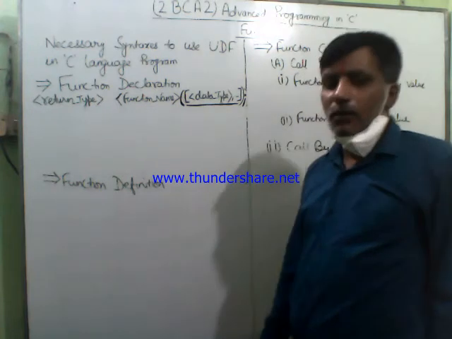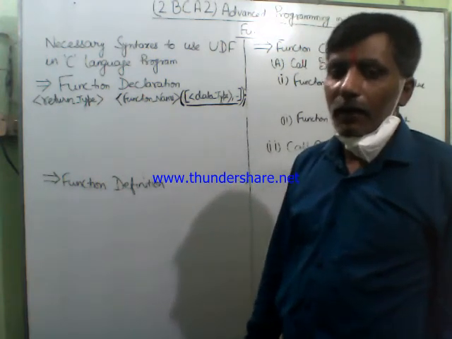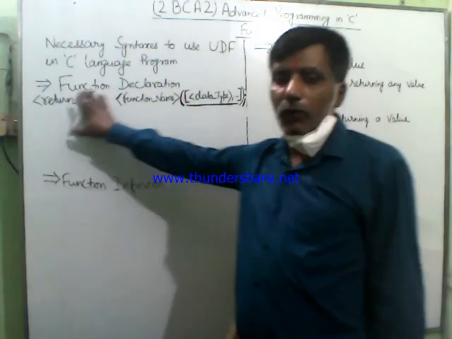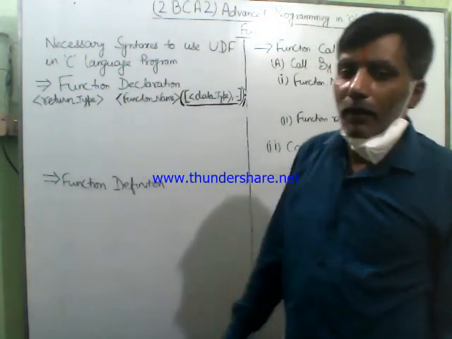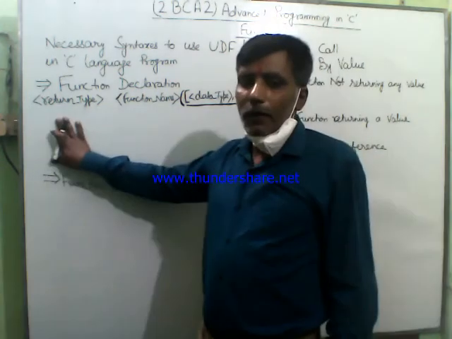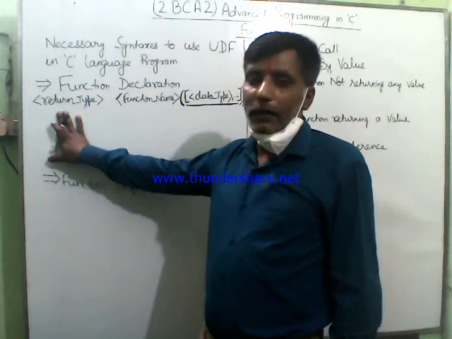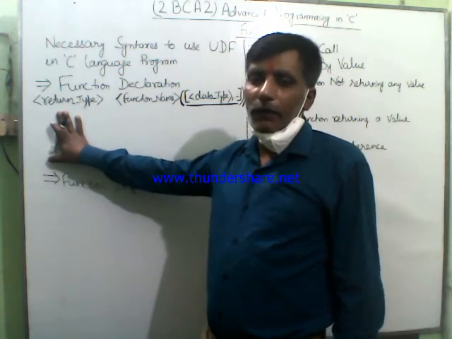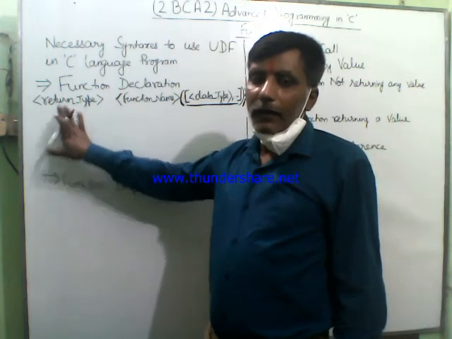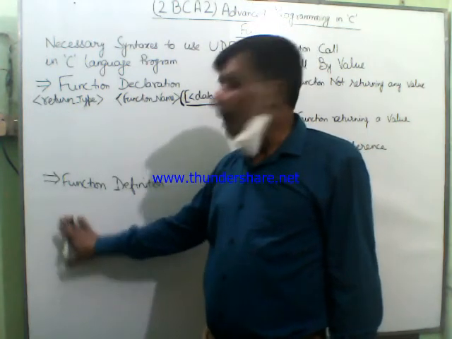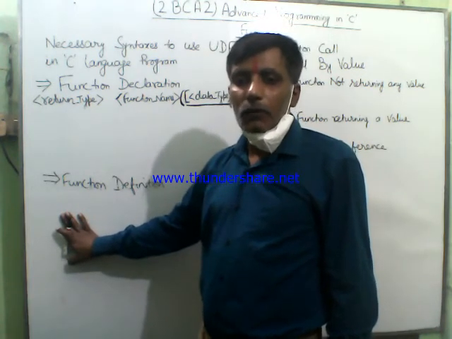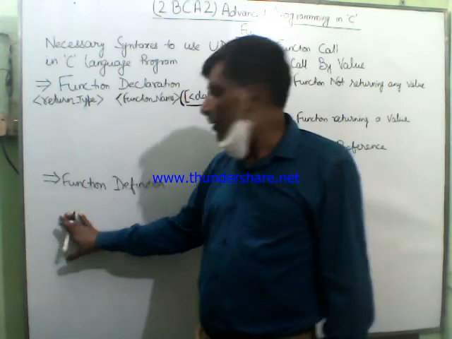The syntax to perform function definition depends upon the syntax that you have used to declare the function in the program. If you have written here the return type of the function while performing the function declaration, then you have to write the same return type while performing the function definition in the program to use a user-defined function.